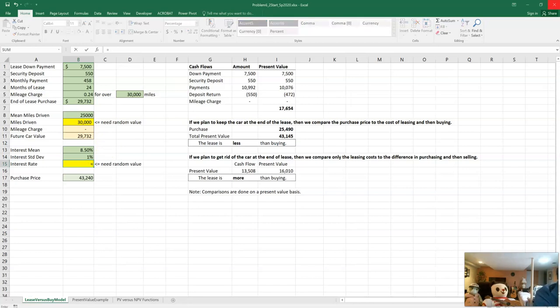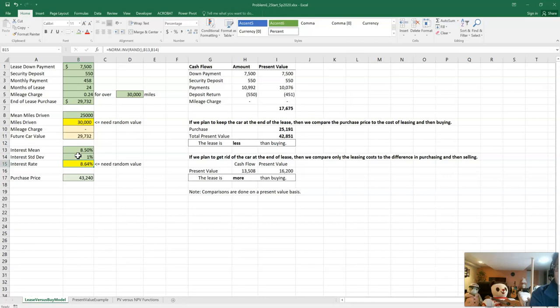We just reviewed it actually on the auction problem. So it's norm dot inverse of a random value with a mean of 8.5% and a standard deviation of 1%. So now every recalculation changes that interest rate.